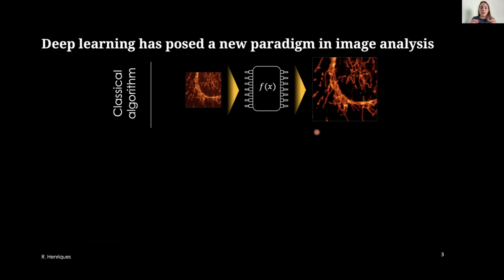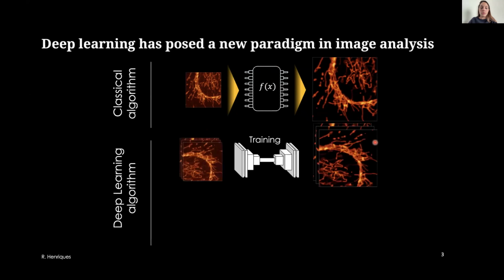Classically, what we would do is define a function that has some parameters that we need to find, in which an input image will very implicitly give us a very specific output. But the problem with these classical algorithms is that we needed to know either the physics or the math behind to define this function. In machine learning, what we have is a completely different approach.